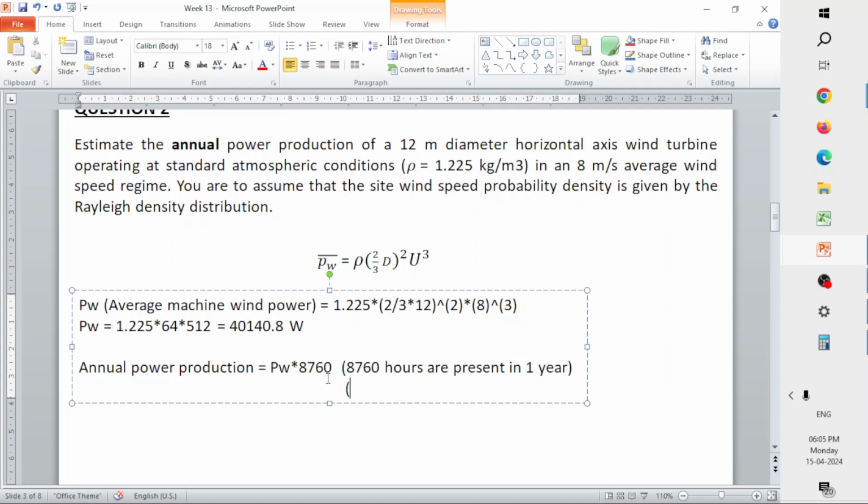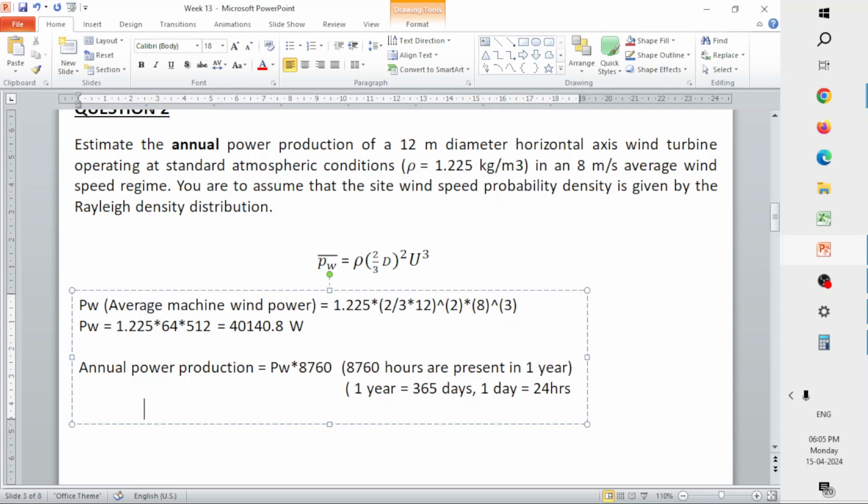We take 1 year as 365 days, and each day has 24 hours. So 365 times 24 is 8760 hours. So that is the reason we have this factor.